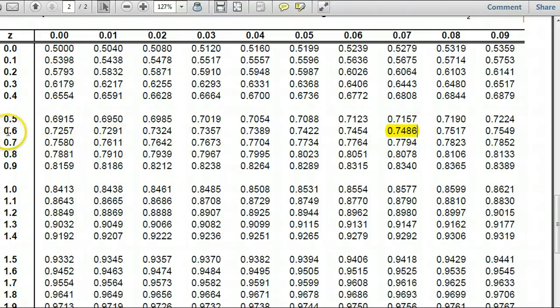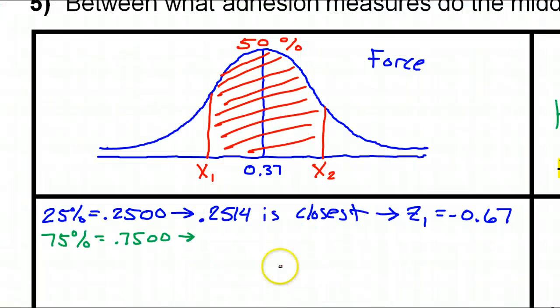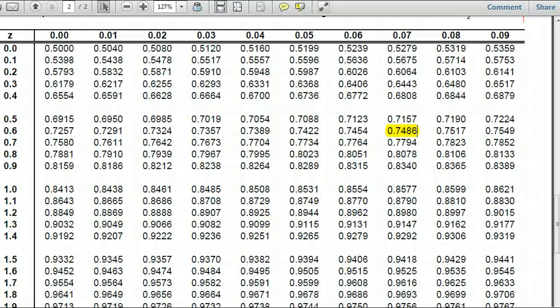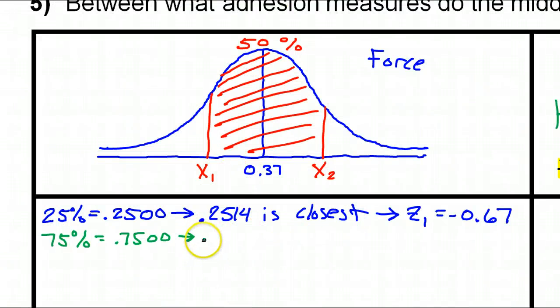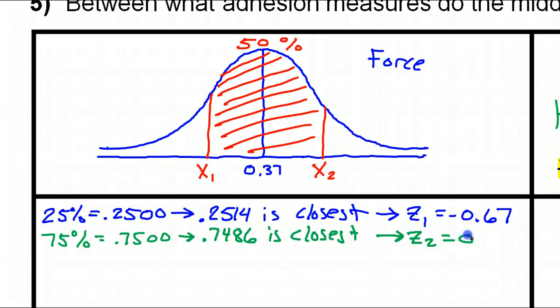This is z-score 0.67. Oh wait, I forgot to say 0.7486 is closest. And that gives us a z2 of positive 0.67.